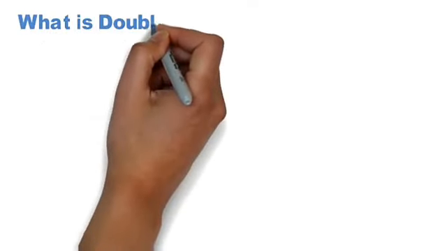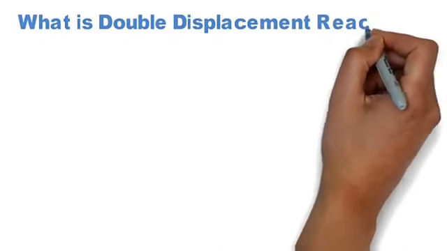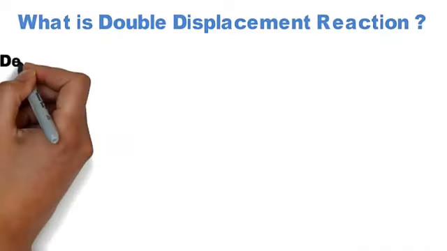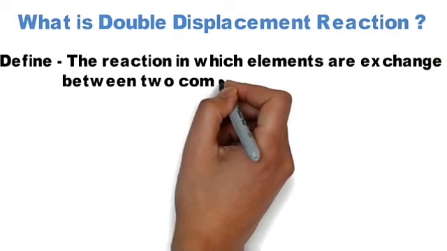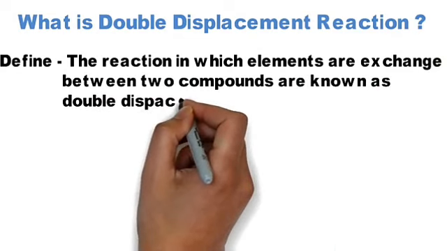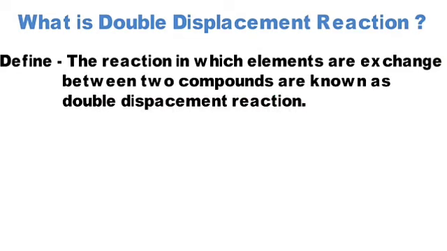Next, double displacement reactions. That means the reactions in which the elements or ions exchange between two compounds are known as double displacement reactions. In that, the ion of one compound is replaced by the ion of the other compound. That means the cation can be replaced by other cations between the two compounds.